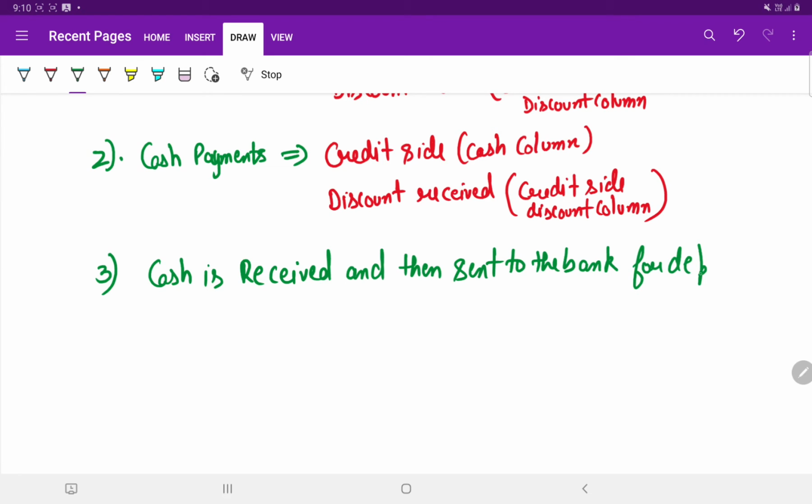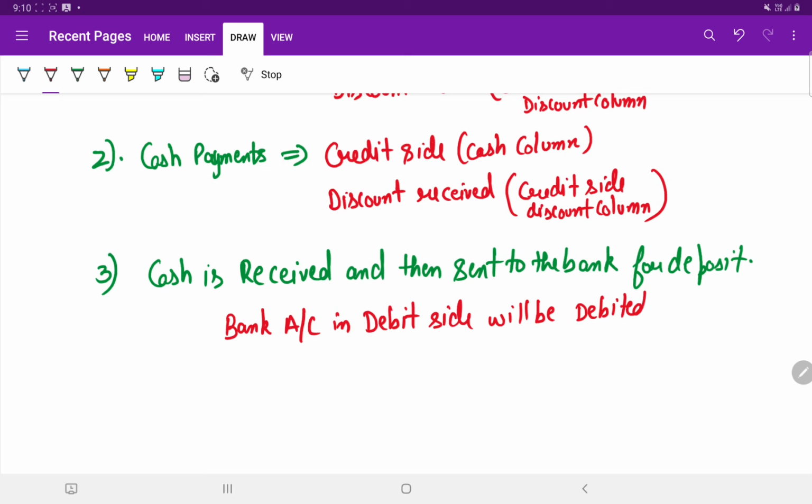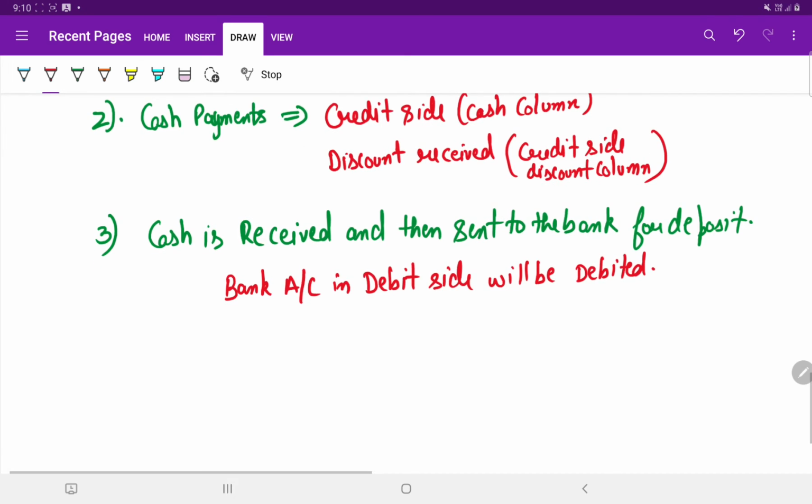For example, we are receiving an amount, let us say 5,000, and we are depositing it in the bank at the same time. So the entry will be as follows. The bank account on the debit side will be debited and the cash account on the credit side will be credited.